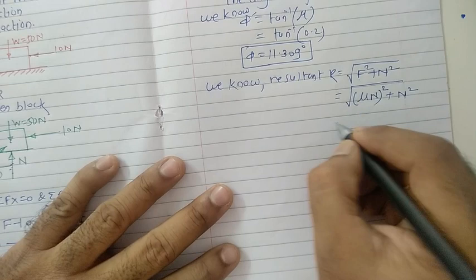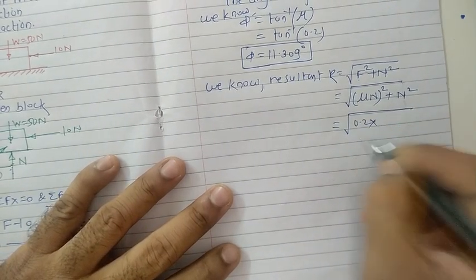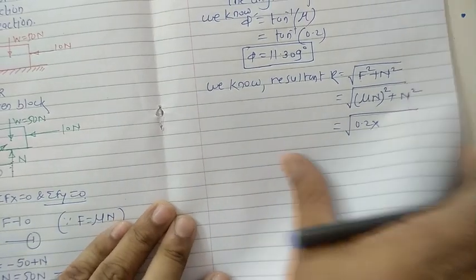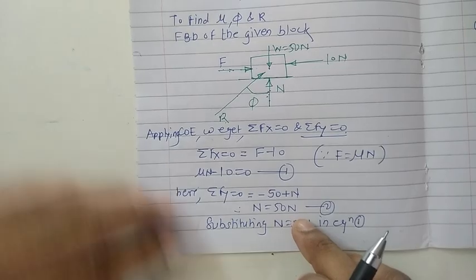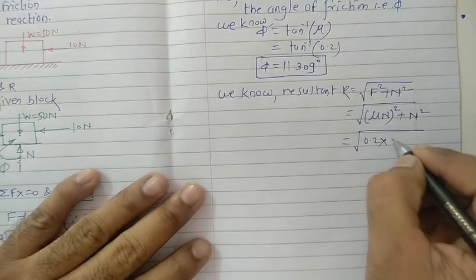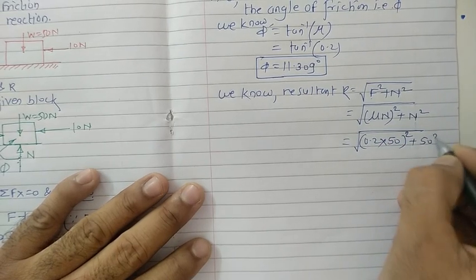We know the value of mu. Substitute here, multiplied by N, which we already calculated in the earlier step. Just substitute the value of N, 50, in the whole bracket square, plus N, 50.